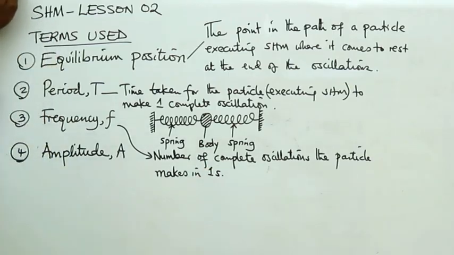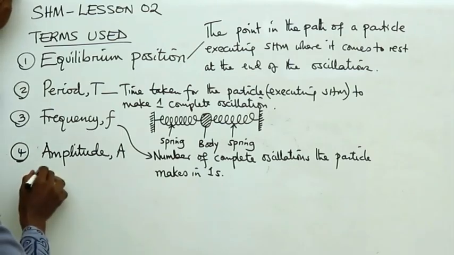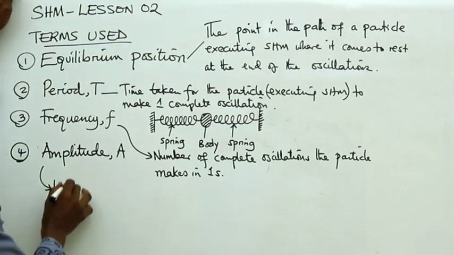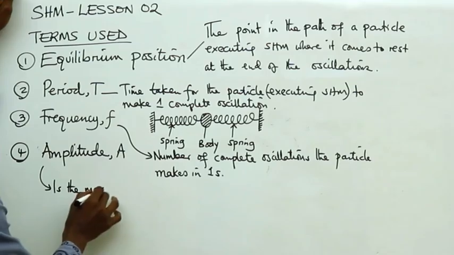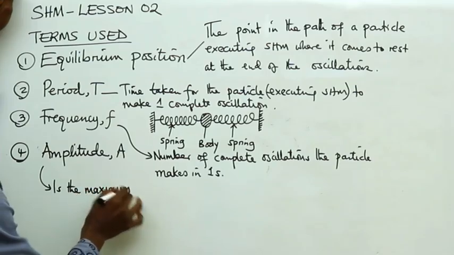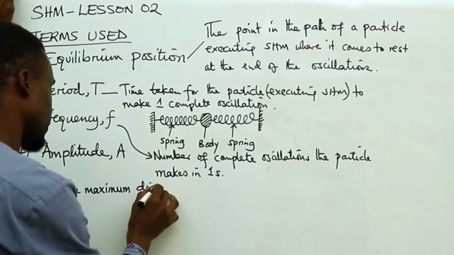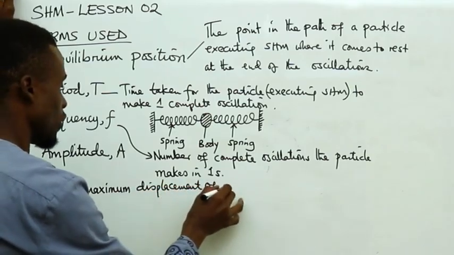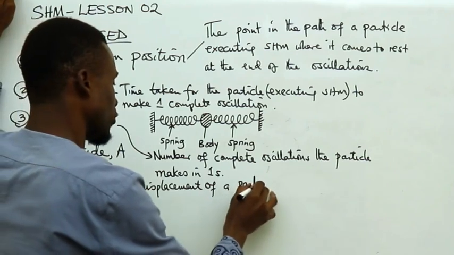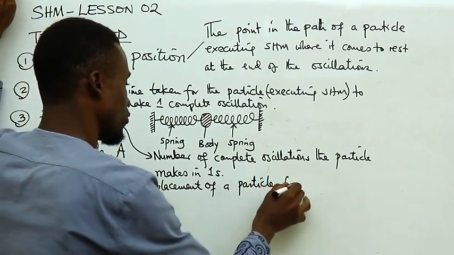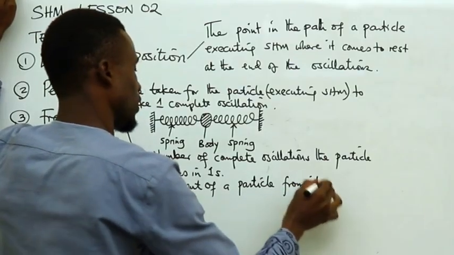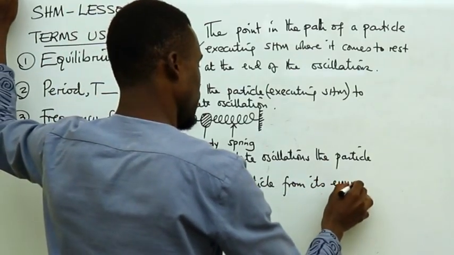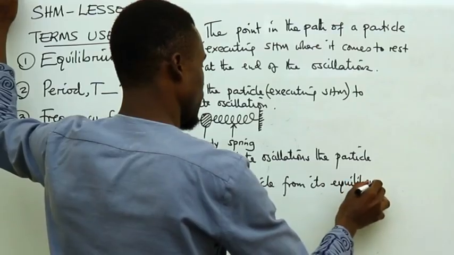Then the amplitude, everyone knows amplitude, the maximum displacement of a particle from the equilibrium position. So amplitude, we are saying, is the maximum displacement of a particle from its equilibrium position.